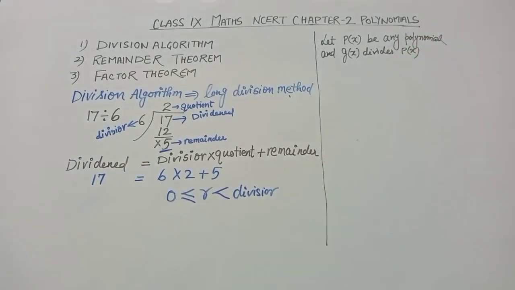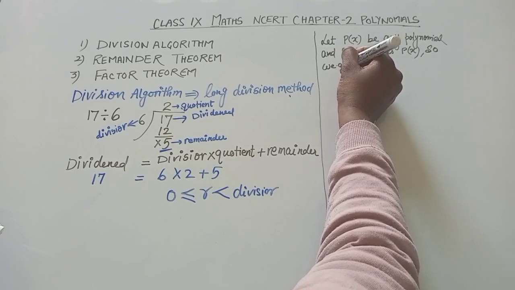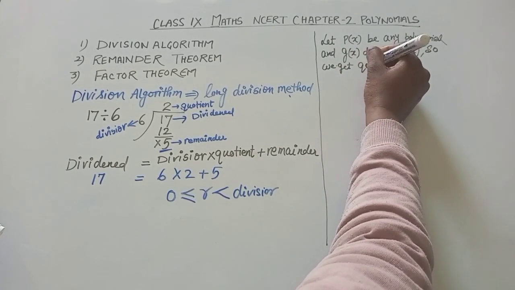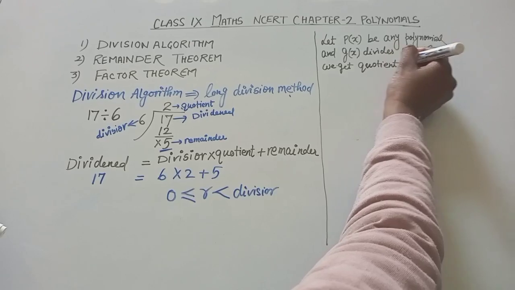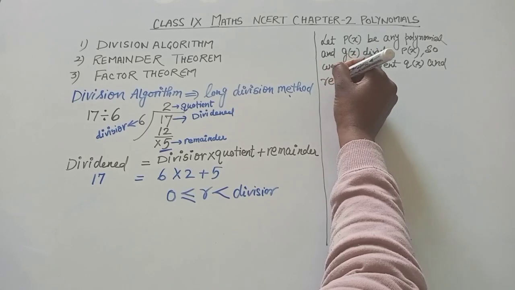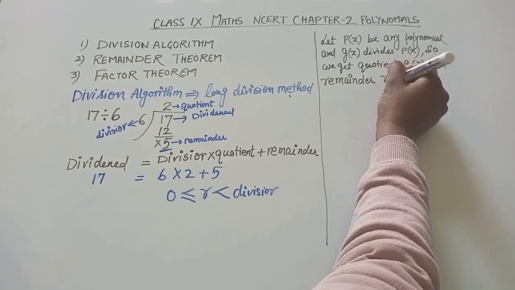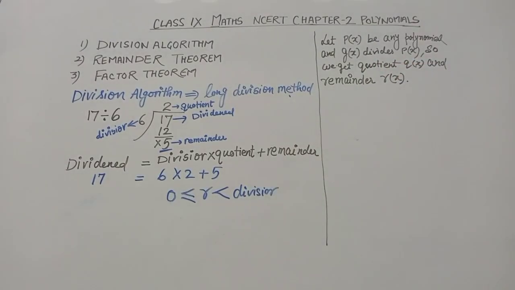Then we get quotient q(x) and remainder r(x). अगर p(x) कोई पॉलिनोमियल है, g(x) p(x) को डिवाइड करता है तो मुझे कुछ ना कुछ क्वोशंट मिलेगा, नहीं तो रिमाइंडर मिलेगा.